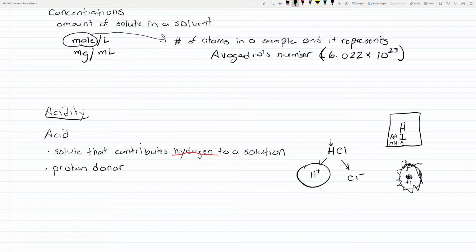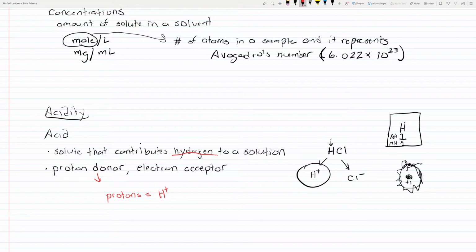Another way to say a proton donor is also an electron acceptor. Because what is that hydrogen going to want to do? It's just a single proton floating around there. It's going to want to take an electron. It will accept an electron. What you will see a lot of times in the literature, and in things that you write, when they talk about proton donors, protons are written as H+.